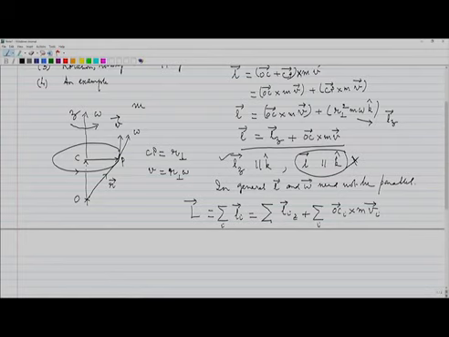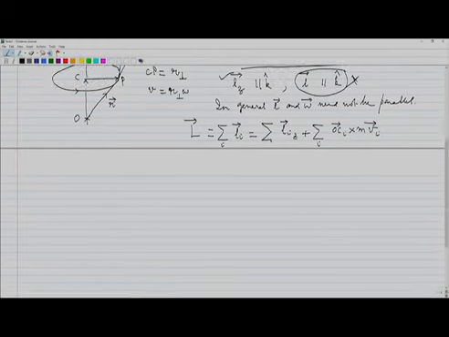It is a straightforward generalization. Now we call this quantity L: L_z is the cumulative sum of all the Z components, plus the other term, which is L perpendicular.